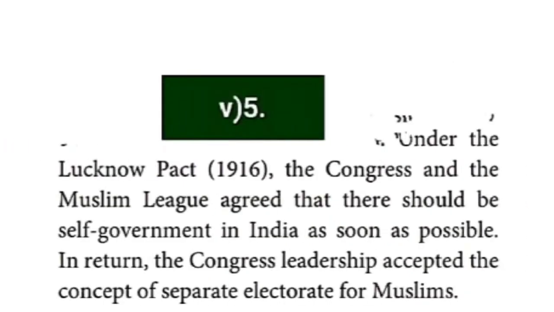Under the Lucknow Pact in the year 1916, the Congress as well as the Muslim League agreed that there should be self-government in India as soon as possible. As we know, we got independence only in the year 1947.